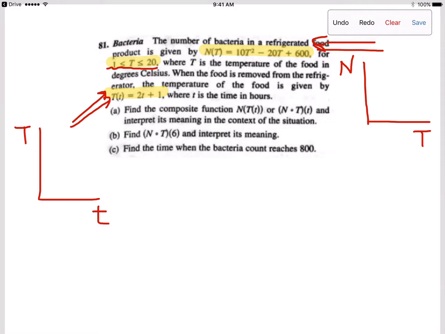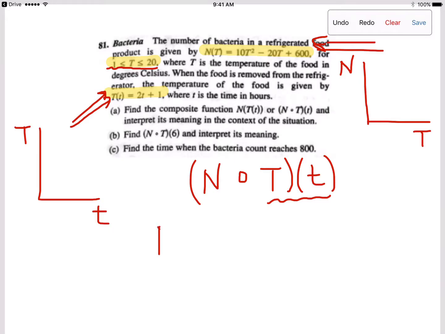If we start with part A, the directions ask you to find N of T of t. If we go back to our definitions, T of t is going to be our input variable.